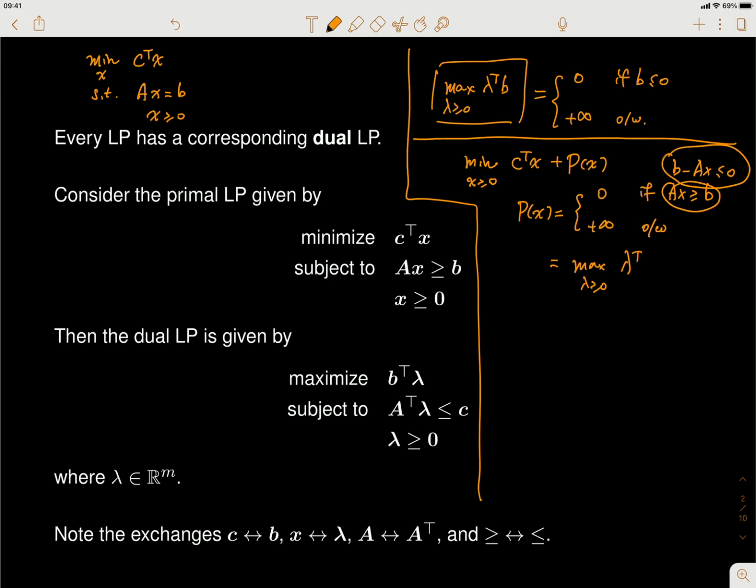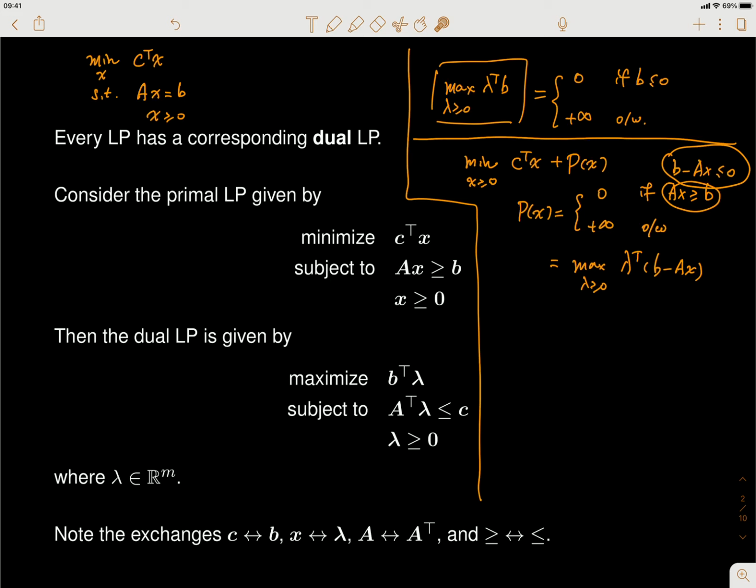So I can just replace that by b minus Ax. Due to the derivations we had earlier, if I define p(x) to be this, for every given x I compute this value, and I realize that it's nothing but just this. And now I can put this back in here, because this will be the p function.